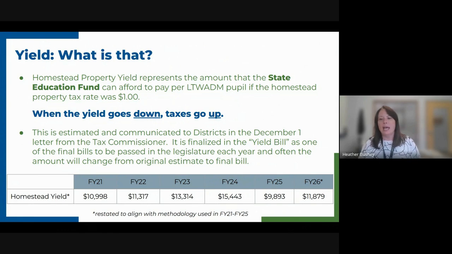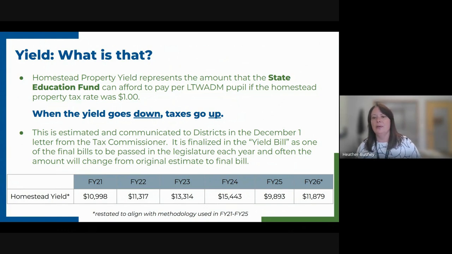So if we look at the FY25 number, what that tells us is that the education fund could have afforded $9,893 per pupil if they were collecting a $1 tax rate. We looked at our calculation and we were at 14,000 something per pupil, right?